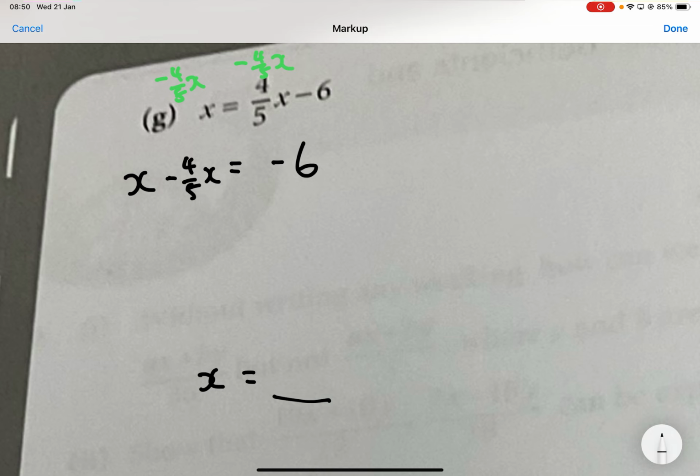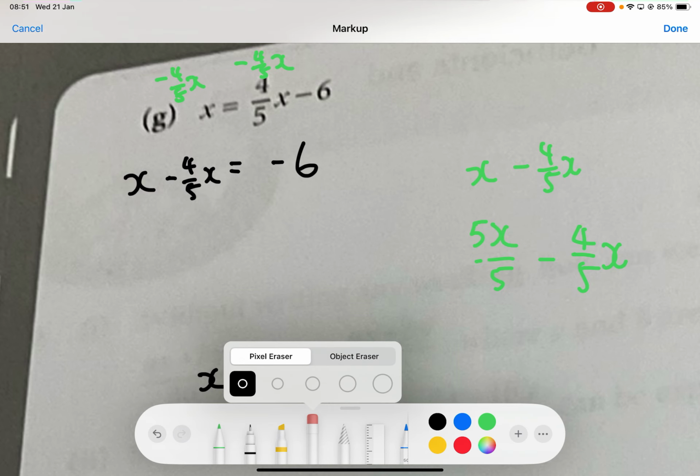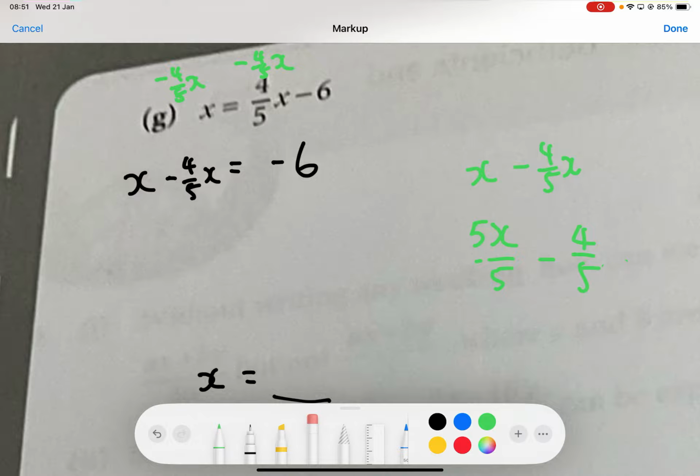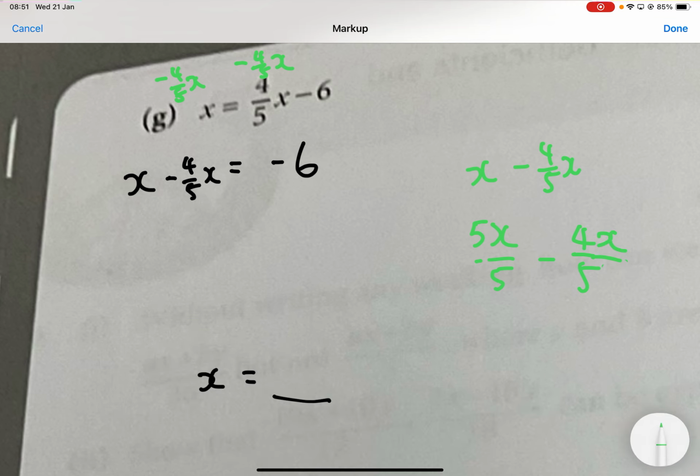Okay? So this one minus this one is like, I write at the side, x minus 4/5x is like 5x/5 minus 4x/5. Because x itself is x/1.